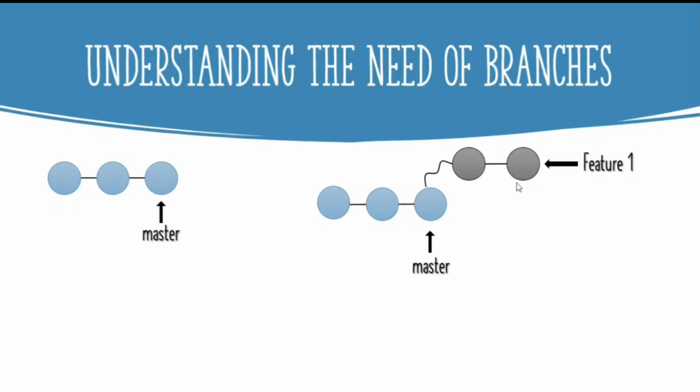Alright, now you send this code to a company for them to approve it. Meanwhile, you get some new ideas and you want them to be there in your project. So you create another branch named feature 2, and you keep working on this branch, and now these two branches will be completely separated from each other. They won't be having any kind of contact.